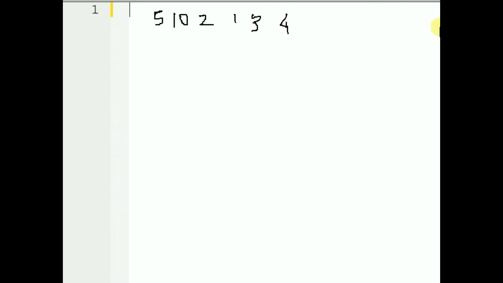Now the method which I am going to use in my program here is count sort. Now what this count sort does is, it's not going to actually use the count sort sorting algorithm. It's going to modify it a bit and then use it.